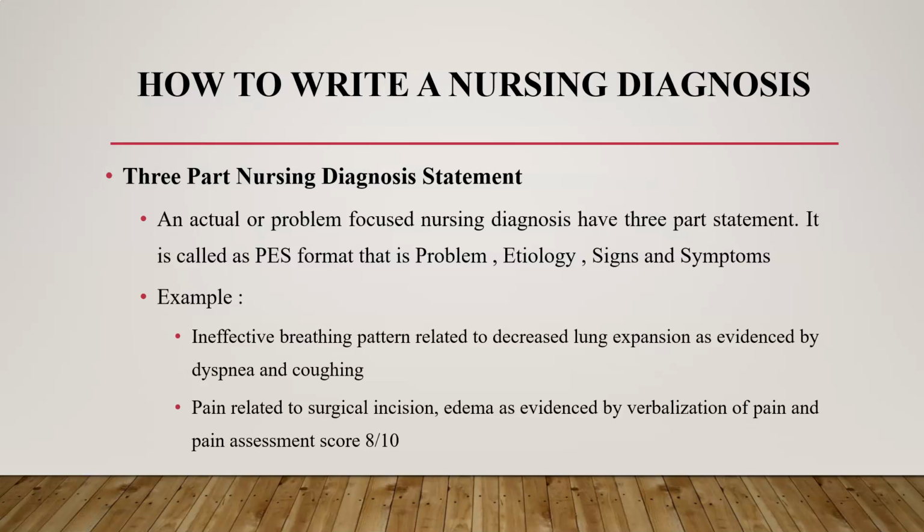It is called as PES format, that is the problem that is identified by way of assessment, then stating the etiology, what is the cause for that problem, and the signs and symptoms. So the example that I have stated here is ineffective breathing pattern related to decreased lung expansion as evidenced by dyspnea and coughing.